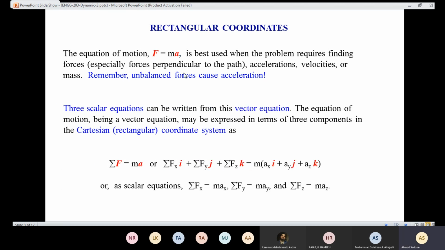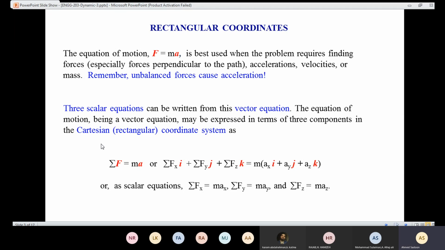From this equation, we can generate three scalar equations from the vector equation. So here we have the vector equation. We can write three scalar equations from this one.